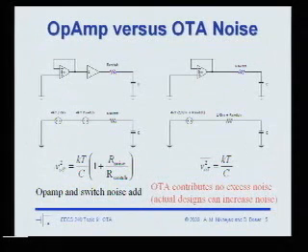So the output of this amplifier is going to get sampled, right? And we know that if we sample with an ideal switch, the noise that we get is kT over C, right? So now the question is, what happens if I sample with an amplifier? In particular, I want to compare sampling with an op-amp to sampling with an OTA. And what I'd like to convince you of is that actually an OTA is a better choice. So let's see how that works.